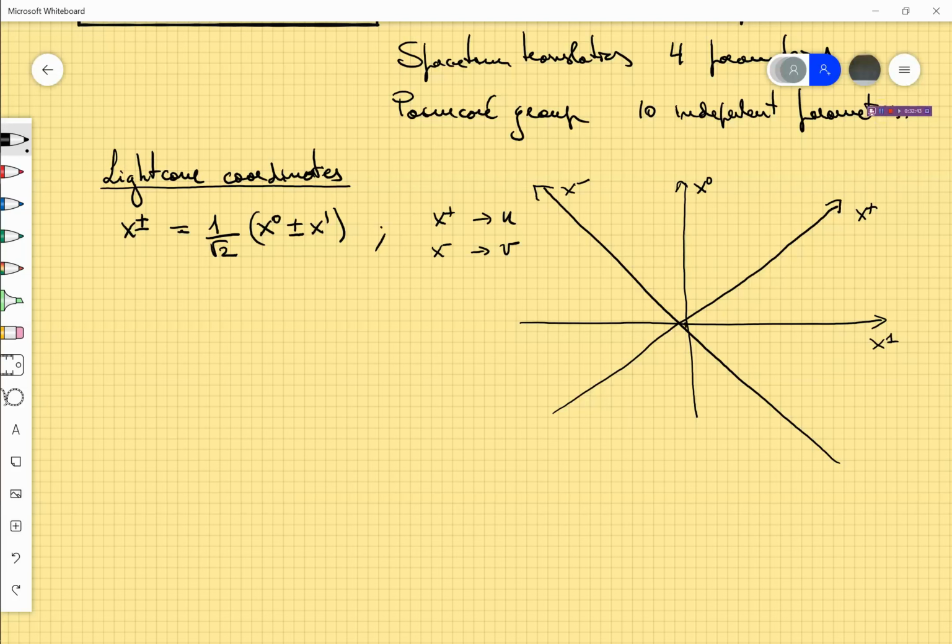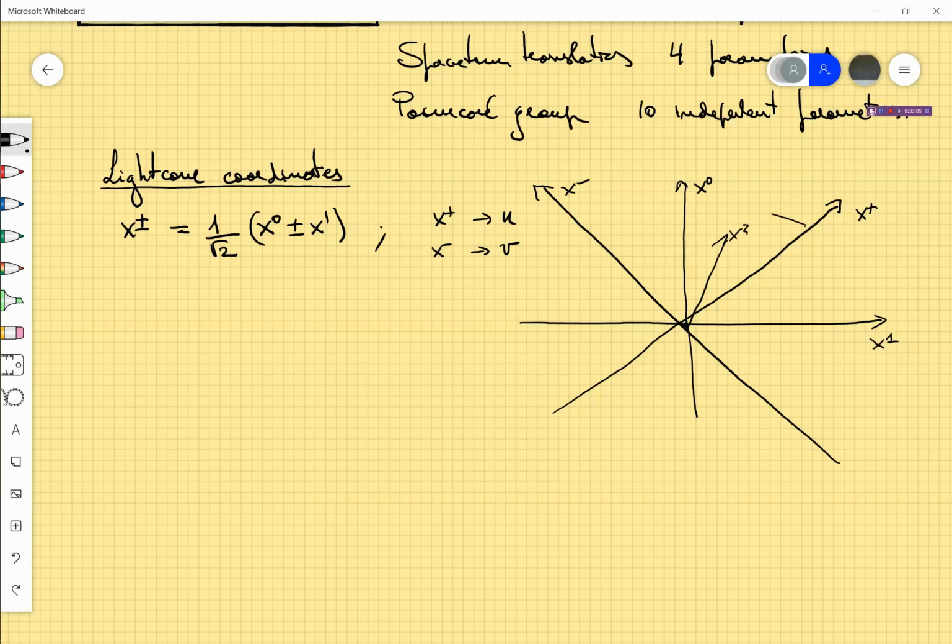So the light cone at the origin coincides in these two dimensions with just these lines. If you add another coordinate like x2, which I don't know how to draw, it will be something like this.